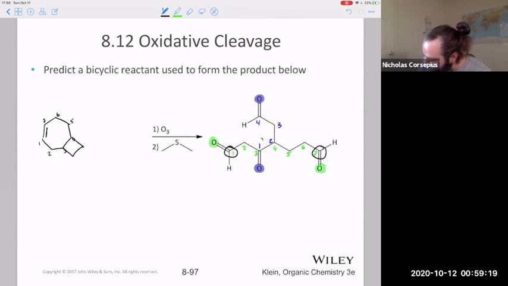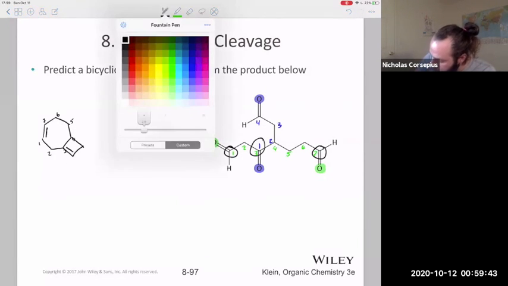And then again, I'm going to make sure carbon 3 in the one ring is actually 1 in my square, 2, 3, 4. And I need that double bond to be between carbons 1 and 4. So that would be that there. I guess let me go ahead and do it in blue.